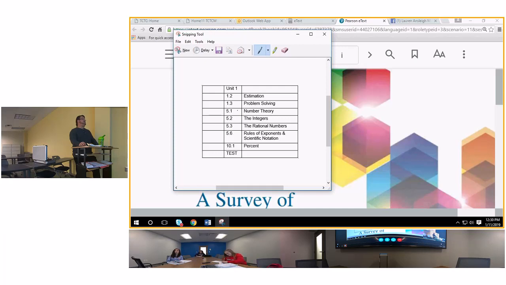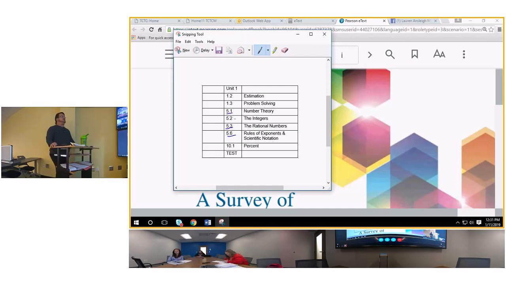Most of your questions on the test are going to come from 5.1, 5.3, and 5.6. The second most seen will be 5.2, which is positive and negative numbers. But I'm not going to pull problems out of 5.2 because problems in 5.3 and 5.6 include 5.2. You have to know 5.2 in order to understand 5.3 and 5.6.